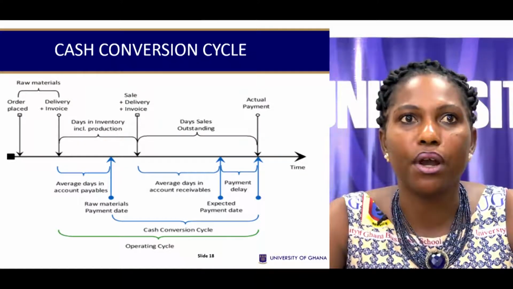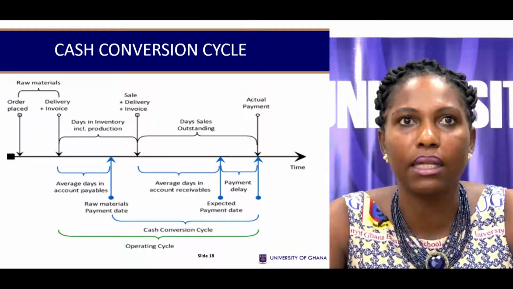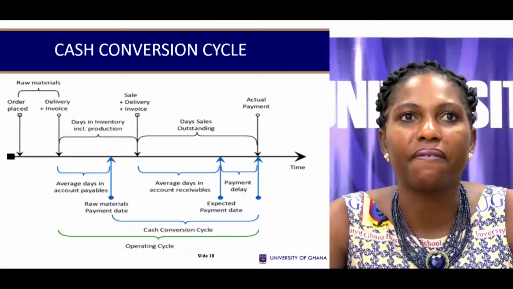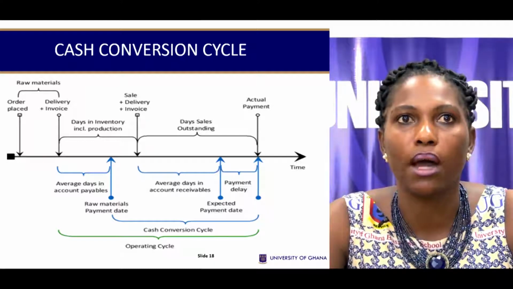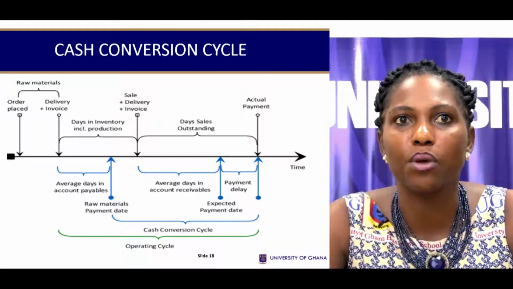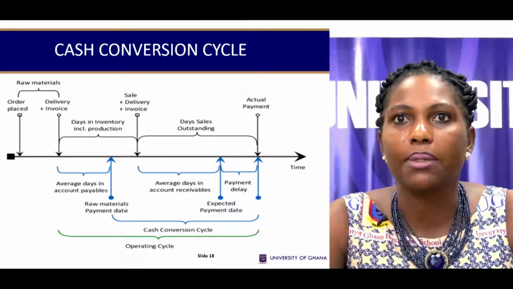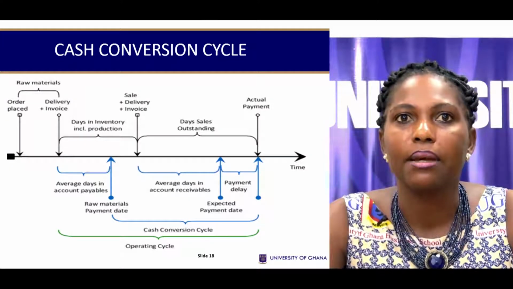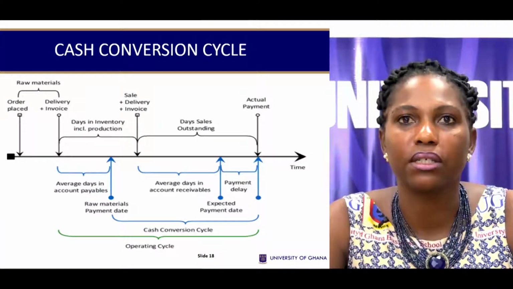On the day we pay, cash leaves the firm to pay for the goods we have acquired, but on that day, we have no cash from our clients. So from the day that we pay for the raw materials up to the date that we receive payment from our clients becomes our cash conversion cycle.